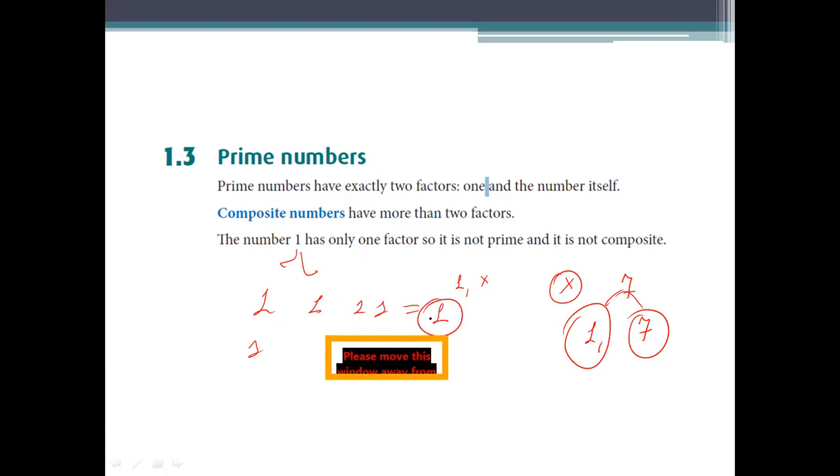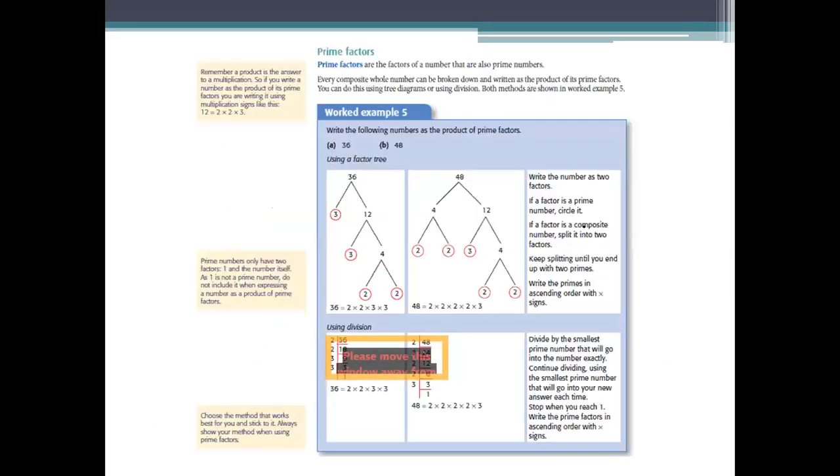And I want to remind you, the smallest prime number is 2. After 2 is 3, 5, and 7, not 9, then 11, and so on. And prime factors. What are prime factors?